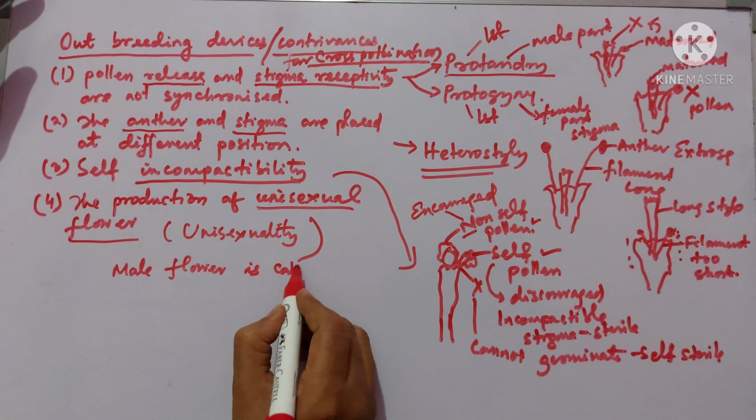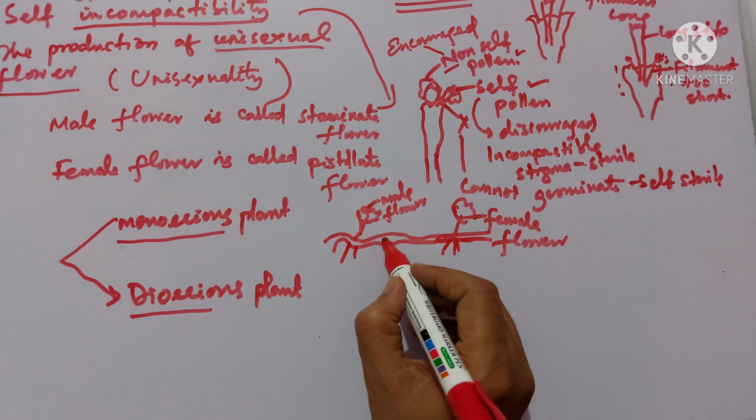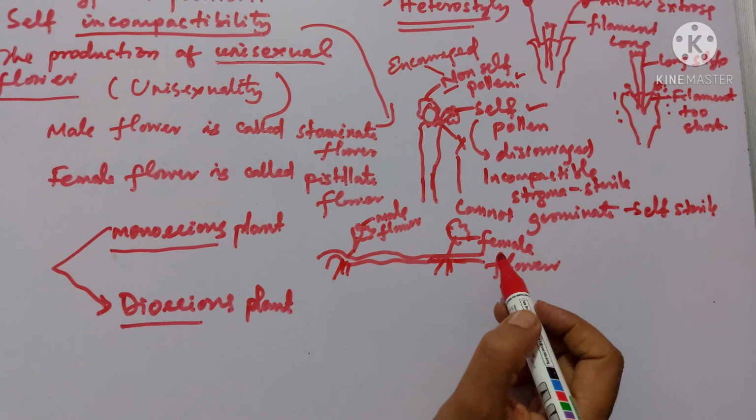Monoecious plant and dioecious plant. So in a monoecious plant what happens, a single plant is there having this male flower and this female flower, which means in a single plant both male flower and female flower are present, but this is only male and this is only female.